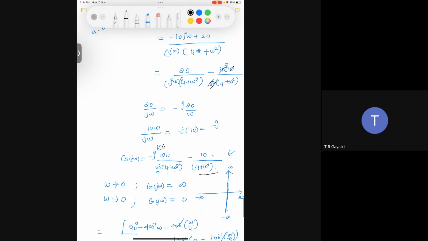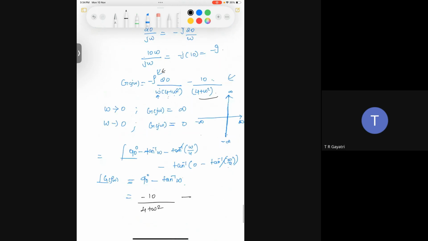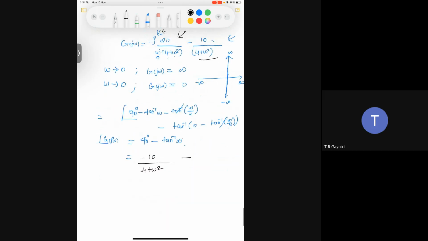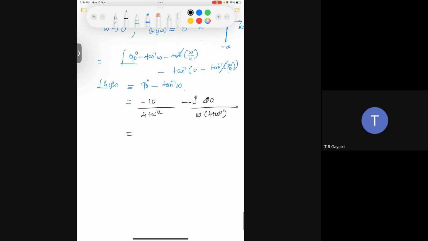j omega cancel. So remaining I have this. The next term is this term with the j. The j I brought up to the numerator for simplifying the terms. So it will be 4 plus omega square, right? So now if I calculate this, 10 minus 10 will be 0. In the numerator there is only a constant term, 0 degree. Ma'am, the denominator is in a plus jb form, no, ma'am?